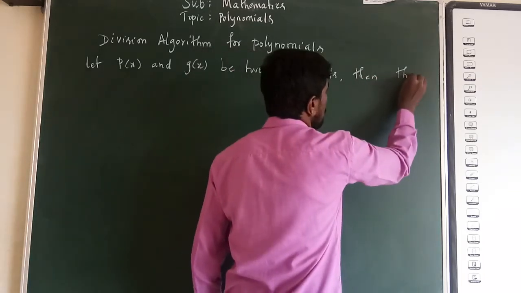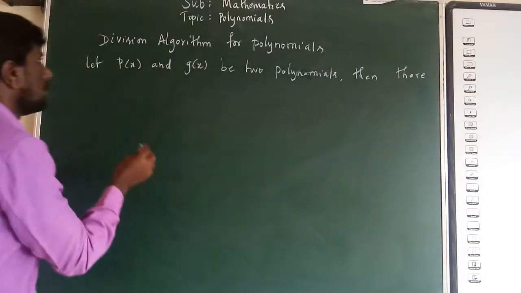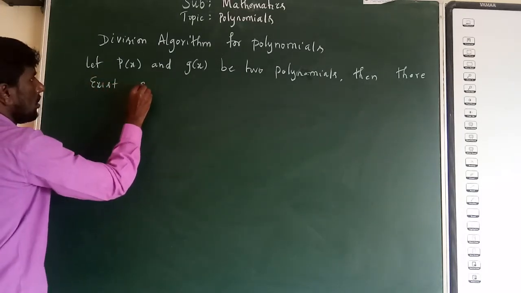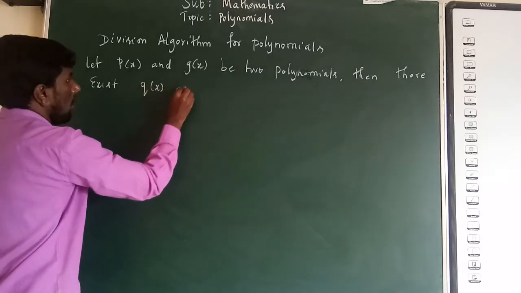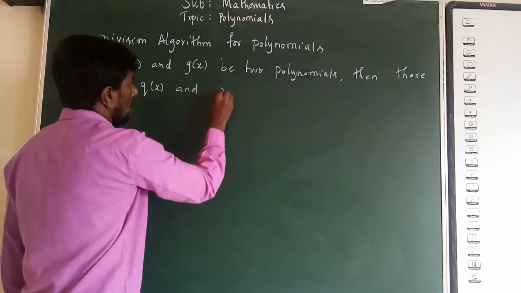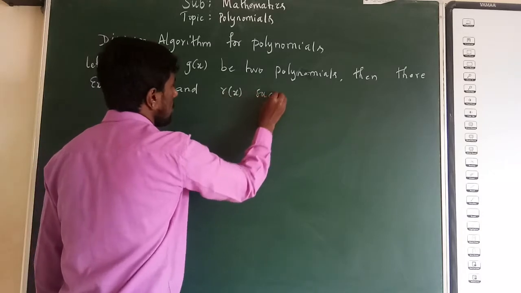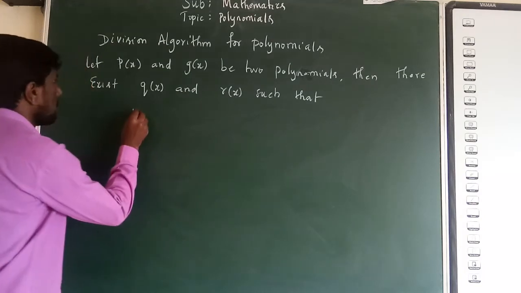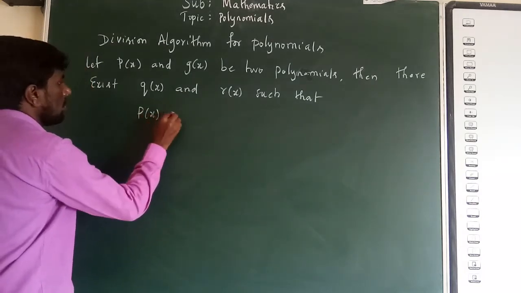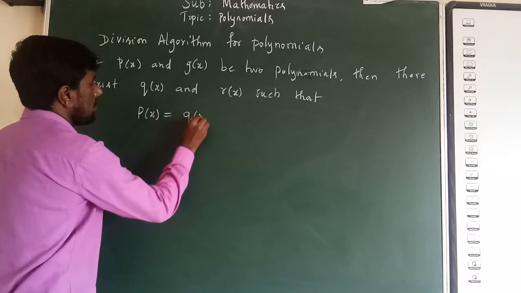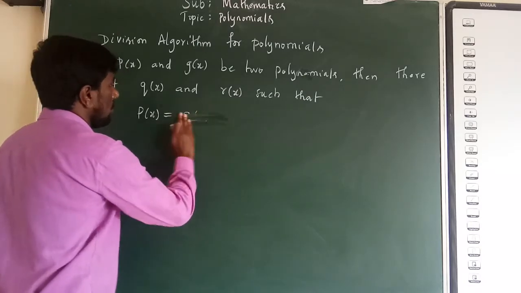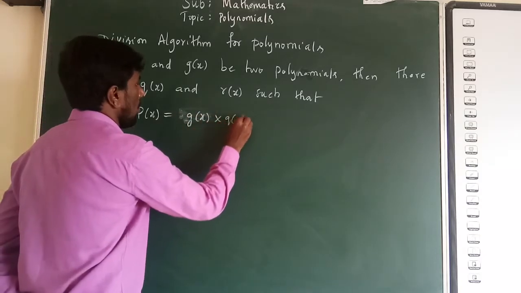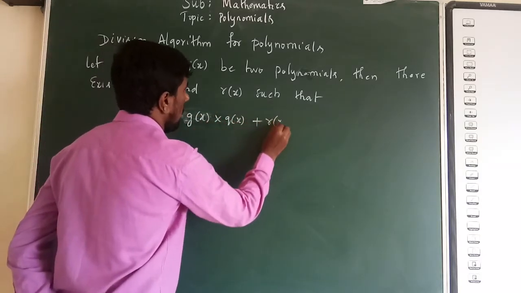Then there exists q of x and r of x such that p of x is equal to g of x into q of x plus r of x.